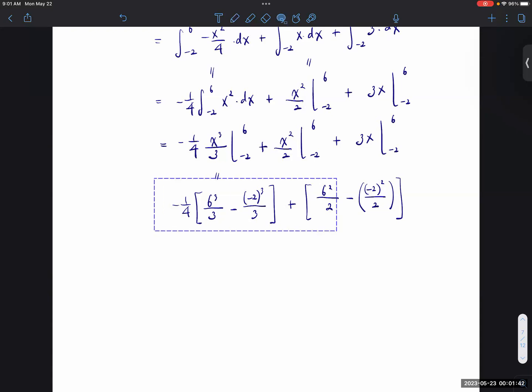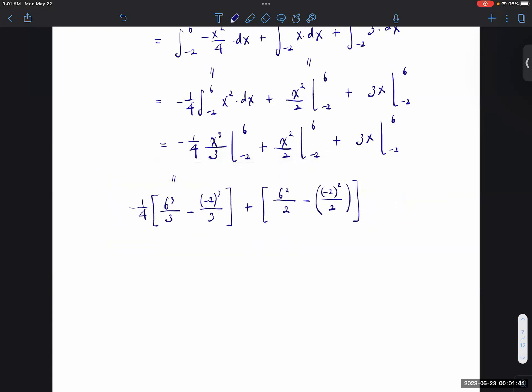Because we are subtracting, from the 6 minus negative 2, plus 3 times 6 minus 3 times negative 2. So that's what you're going to calculate.